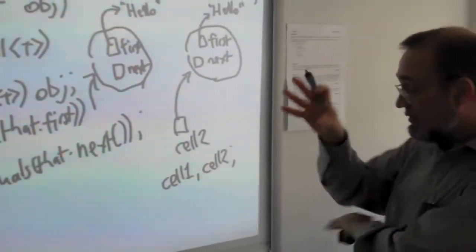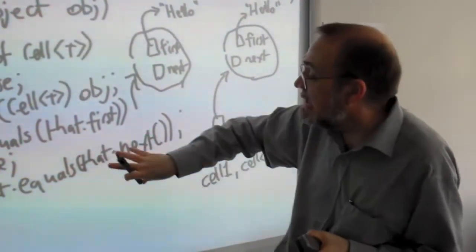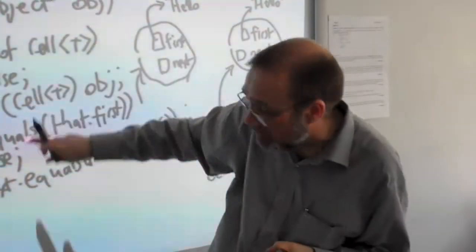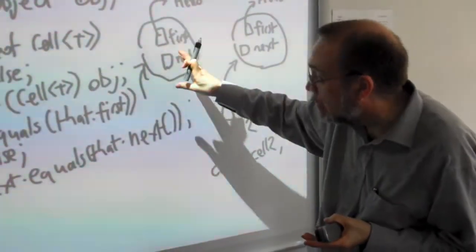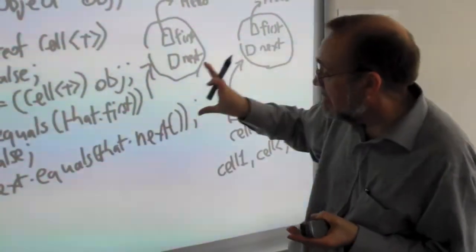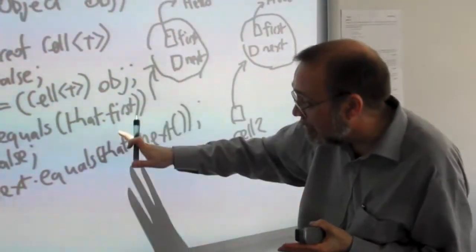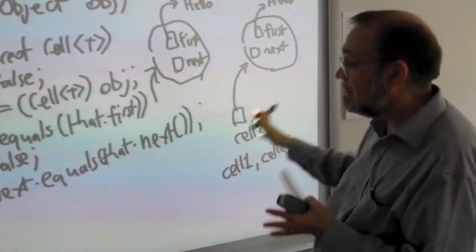Some people get worried about this because it's calling equals. How does that work? It will use the same code that we've got here, but it's a separate method call. It will compare the next of these two cells, not the same ones. So don't worry, it will work because it's the same code but different arguments.